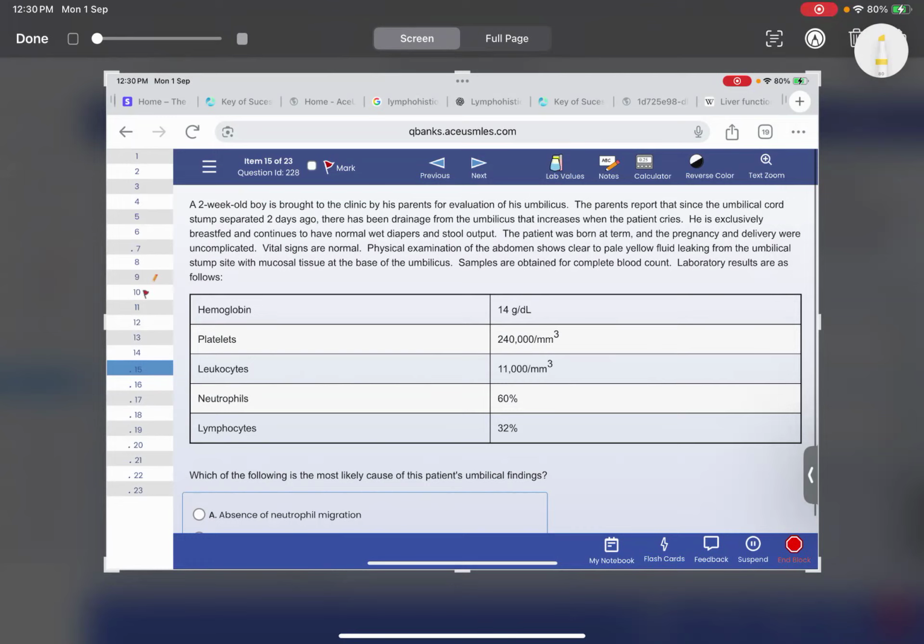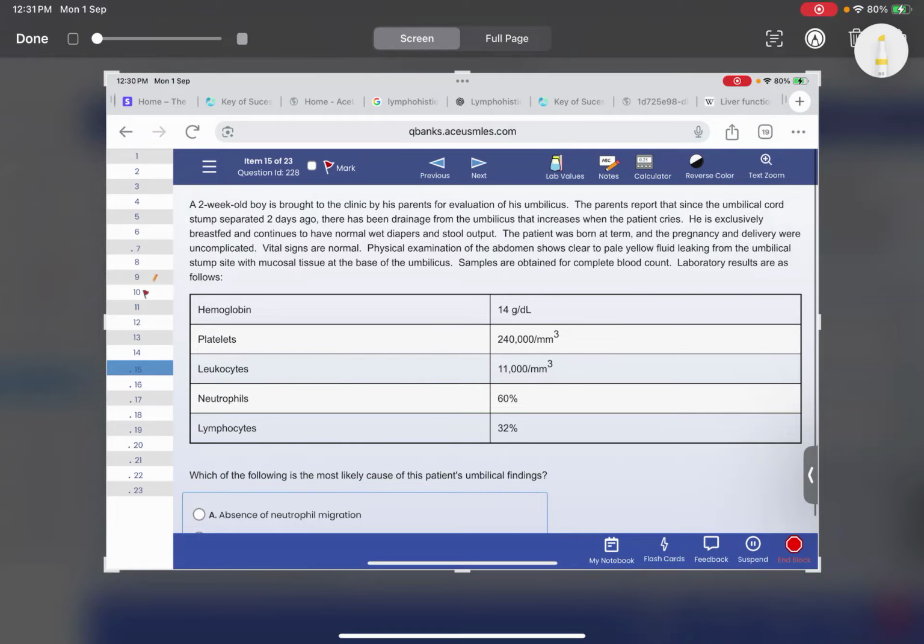He is exclusively breastfed and continues to have normal wet diapers and stool output. The patient was born at term and the pregnancy and delivery were uncomplicated. Vital signs are normal. Physical examination shows clear to pale yellow fluid leaking from the umbilical stump with mucosal tissue at the base of the umbilicus. Samples are obtained and CBC and laboratory results are as follows.